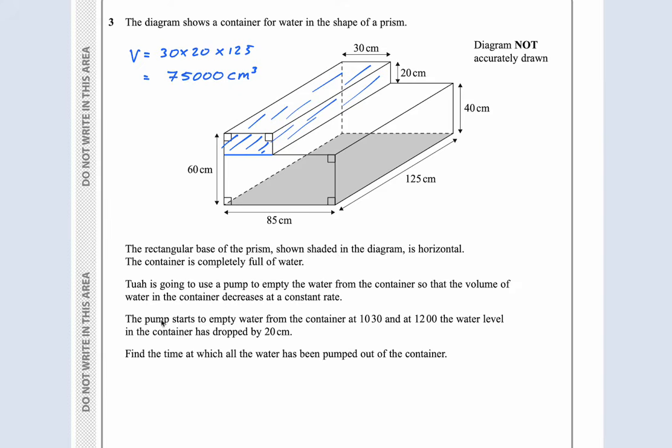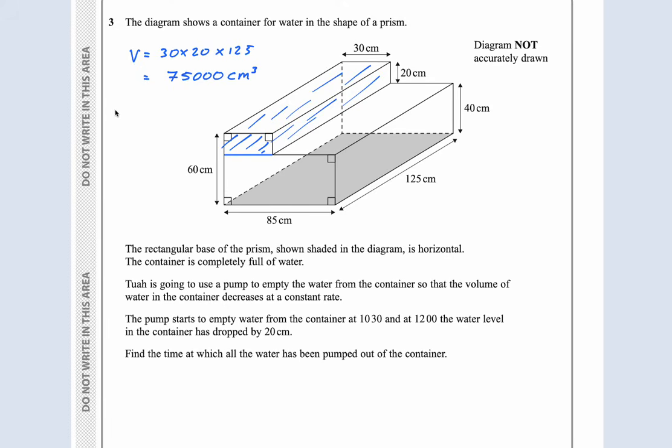Now, from 10:30 to 12:30, the water emptied. Because it dropped by 20 centimeters, this part of the whole shape was emptied. So that means in an hour and a half, 75,000 centimeters cubed left this tank.